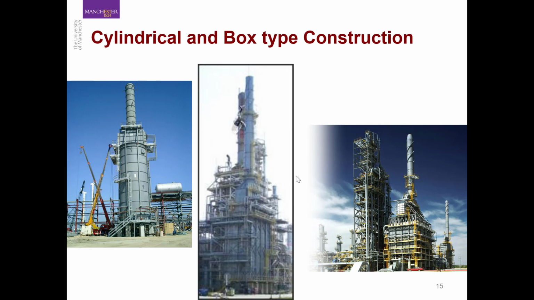But another important factor is the construction of these furnaces. For example, in the case of box type furnaces, a lot of these parts or sheets can be brought separately to the plant site, and then you can build this enormous structure at the site. You can weld them or join them in different ways. So you can build this whole structure on site. As such, you don't have to move this enormous structure from one place to another. Okay. While in the case of a cylindrical furnace, because it is a cylindrical system, it is not in parts.